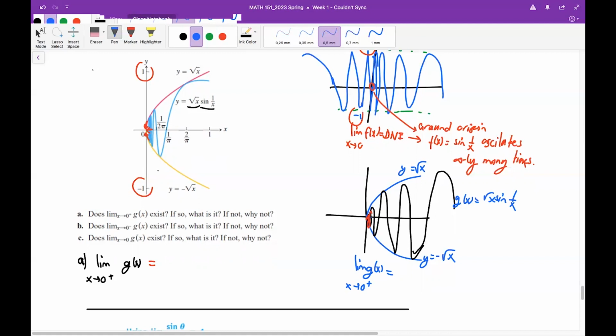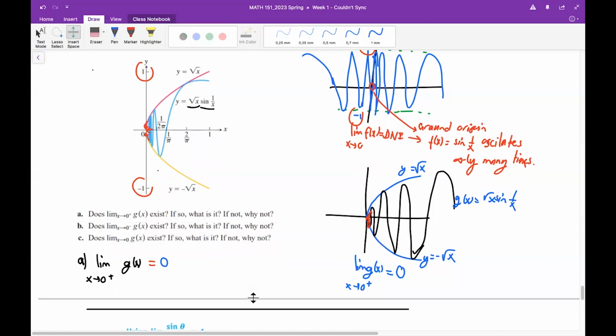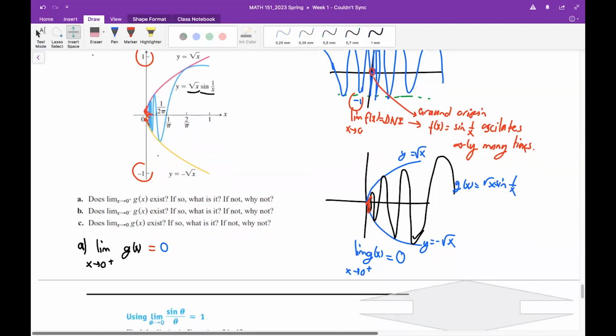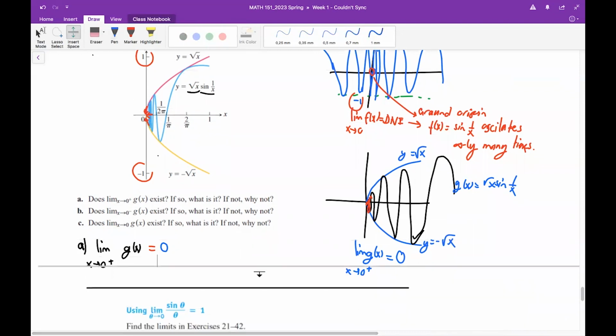That's why this time the images are approaching some unique number, which is 0. So this time the limit exists. Unlike the previous case, this time the limit exists and it is 0.